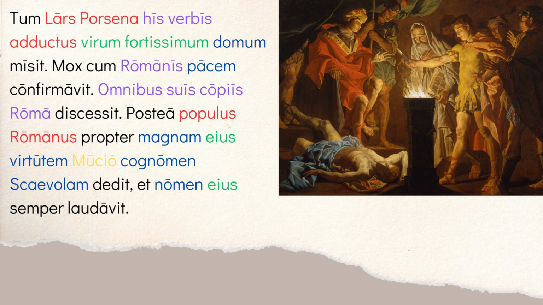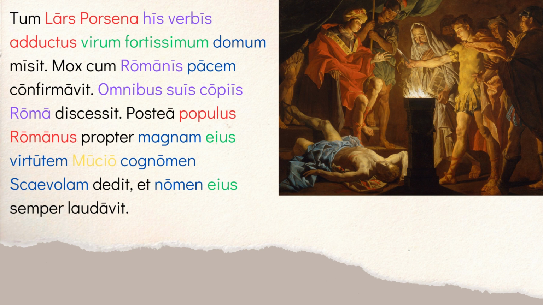Okay. Then you have "mox cum Romanis pacem confirmavit." So soon he confirmed, or he made, you might even say, or declared, confirmavit, right? Pacem, so he made peace with the Romans, cum Romanis. So after this, he's so freaked out and impressed that he actually makes peace. And you have "omnibus suis copiis Roma discessit."